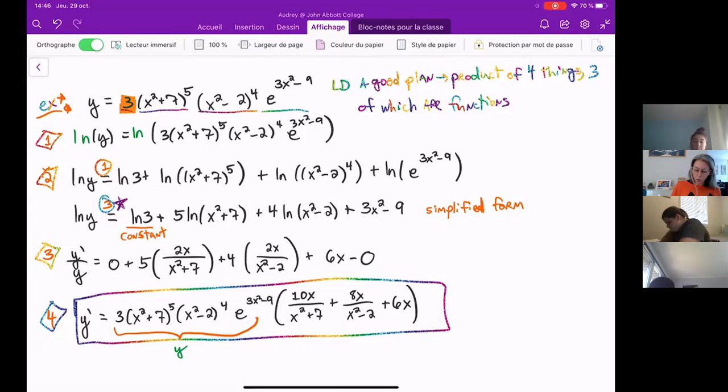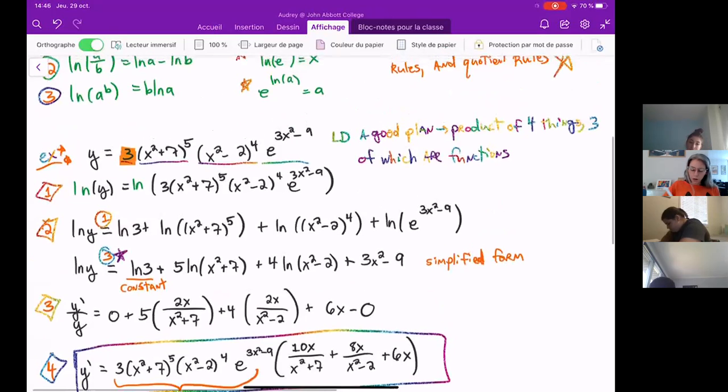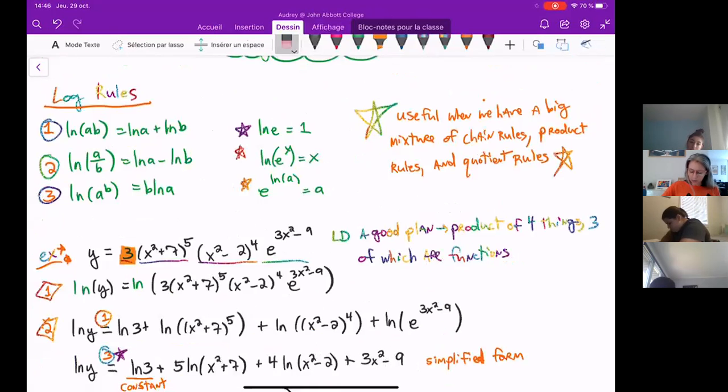Okay, so I'm just going to go back up for a second. I'll go back down for those of you still copying. Remember that we said yesterday and reminded ourselves, logarithmic differentiation is useful when we have a big mixture of chain rules, product rules, and quotient rules. It is very specifically not useful when we have a whole bunch of pluses and minuses everywhere.